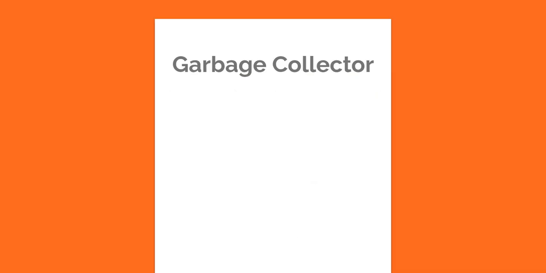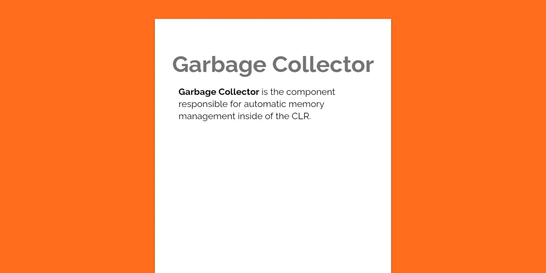Next, let's talk a little bit about the garbage collector itself. So the garbage collector is a component inside of the CLR, or the .NET Framework, that is responsible for automatic memory management. By automatic memory management, I mean it takes care of both allocating as well as deallocating memory inside of the CLR. Now let's talk about some of the benefits of having a garbage collector in a framework like .NET.